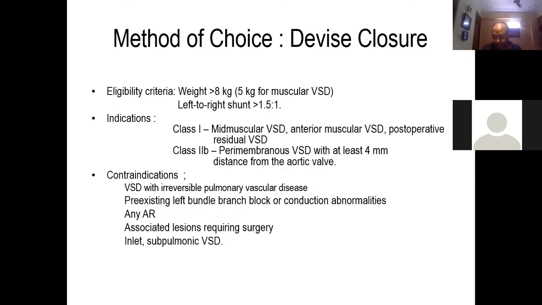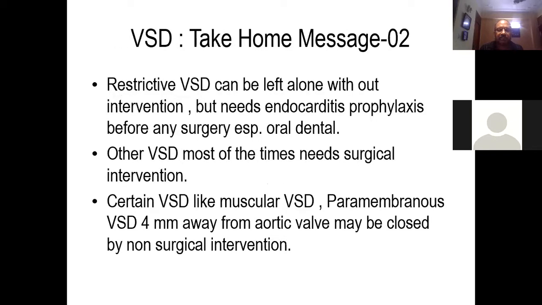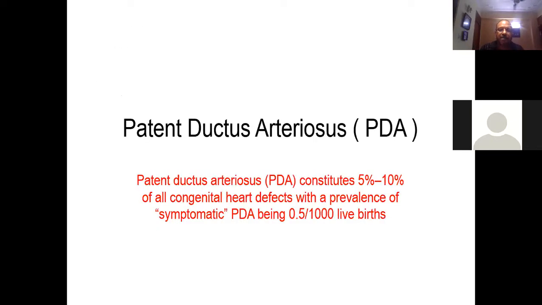What does it mean? If I measure the size of the VSD as 8 millimeters today, and the child's nutrition is improved, with the growth, the size becomes smaller. And that's exactly what happens with this kind of VSD.